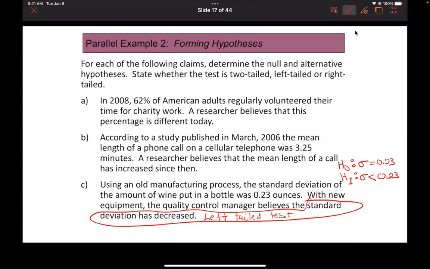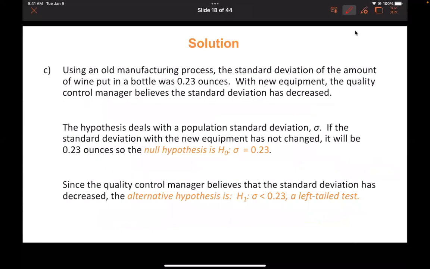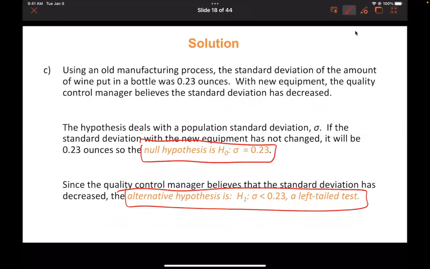Questions? All right, and this is exactly what I just said. I just feel that me talking you through it sometimes is better than giving you a wall of words.